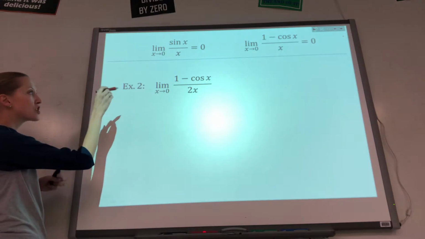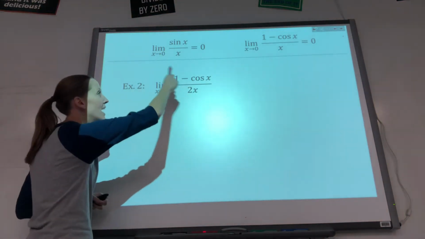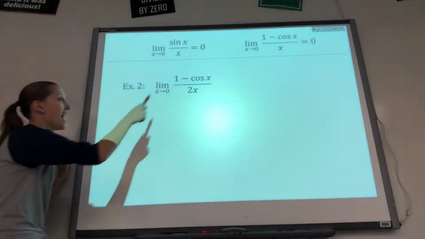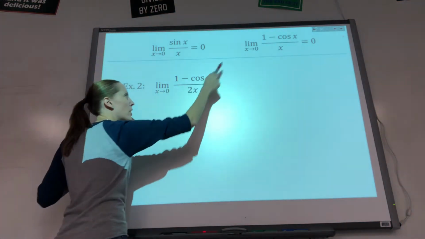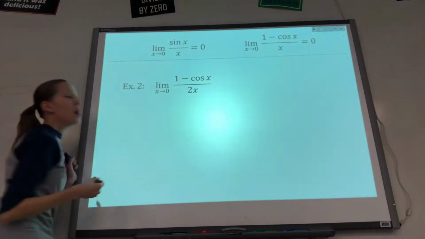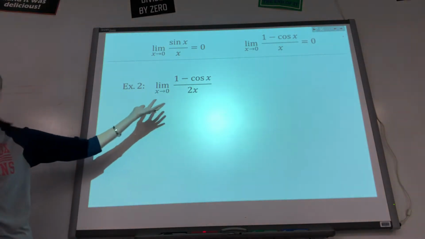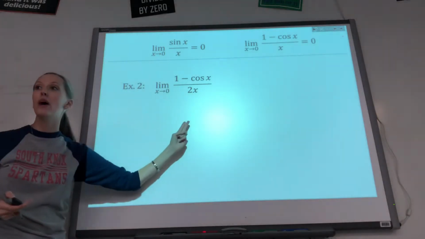Now I see the trig function, and I'm going to try to match it up to one of my special trig limits. And I obviously am matching up a little bit better to that one, but the only problem is the 2 on bottom. It's not supposed to be 1 minus cosine of x over 2x.